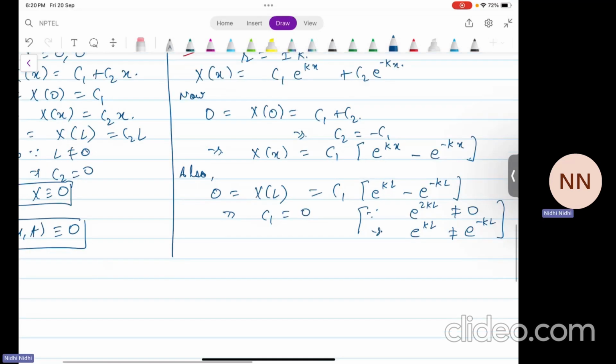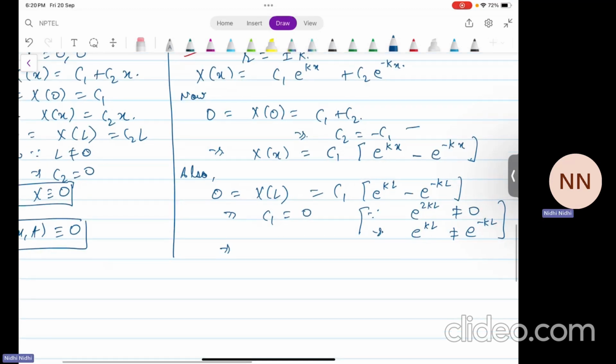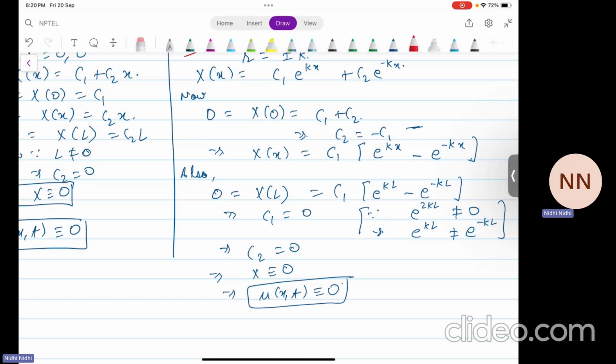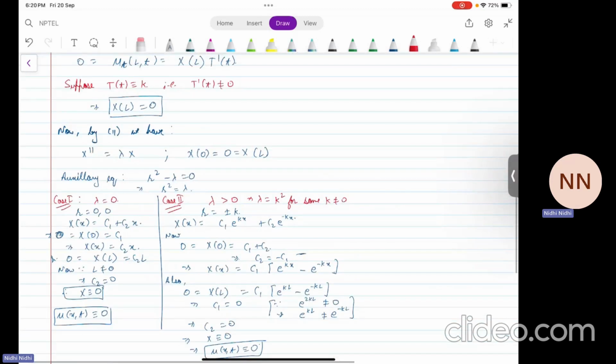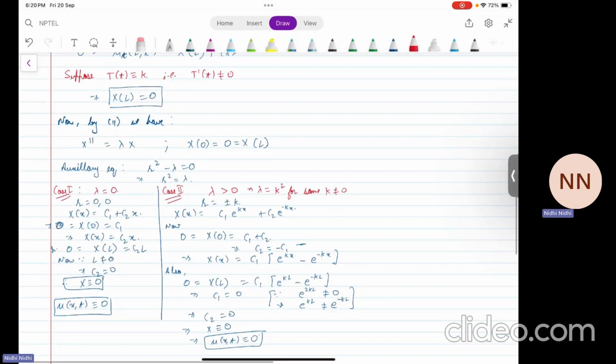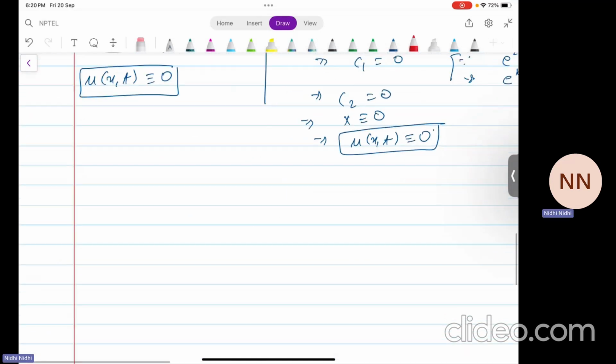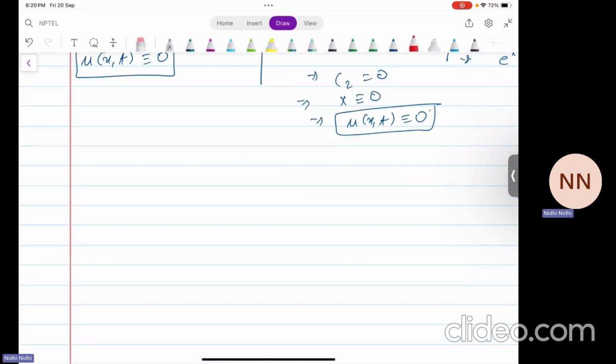Now since c1 is 0, from this equation we have c2 is equal to 0, and hence X is 0, which implies again our solution is a trivial solution. That is not what we wanted. So now we'll look at the third case when lambda is negative. Let's see what happens. We hope that we get a solution, otherwise we are left with just a trivial solution.